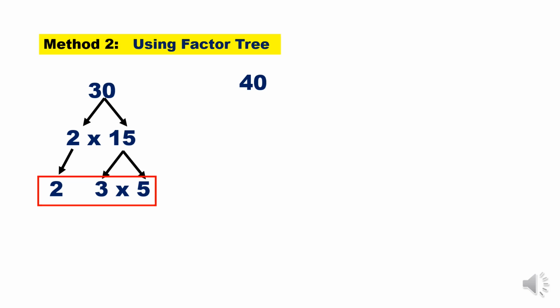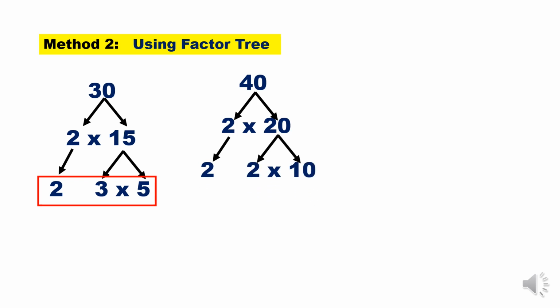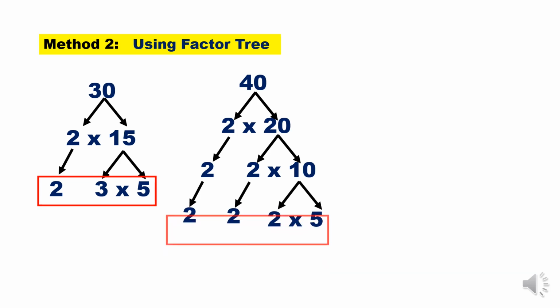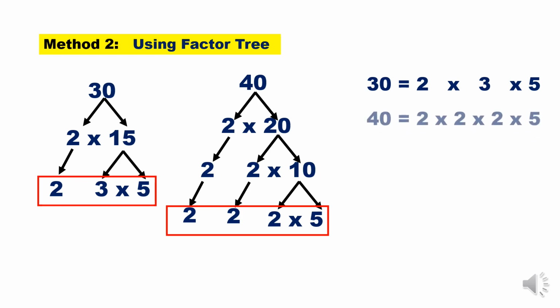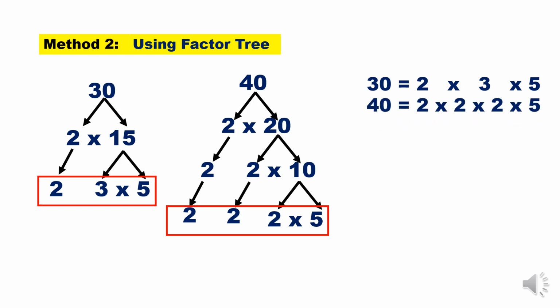While 40 is divisible by 2, 2 times 20. 20 is divisible by 2, 2 times 10. And 10 is divisible by 2, 2 times 5. Ang prime factors ng 30 ay 2 times 3 times 5, while 40, 2 times 2 times 2 times 5.